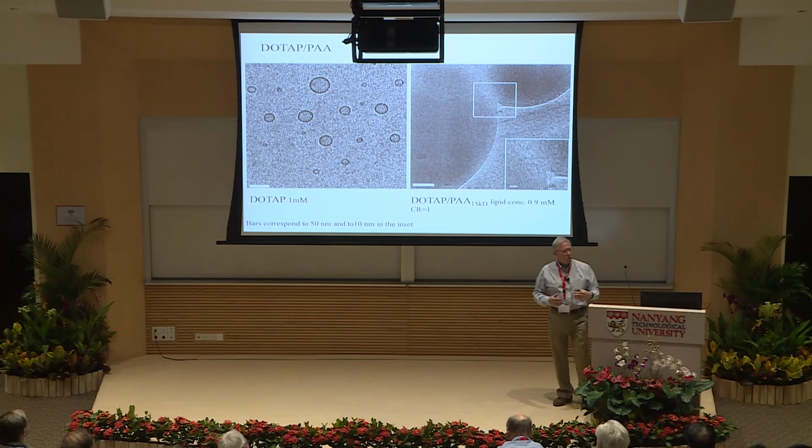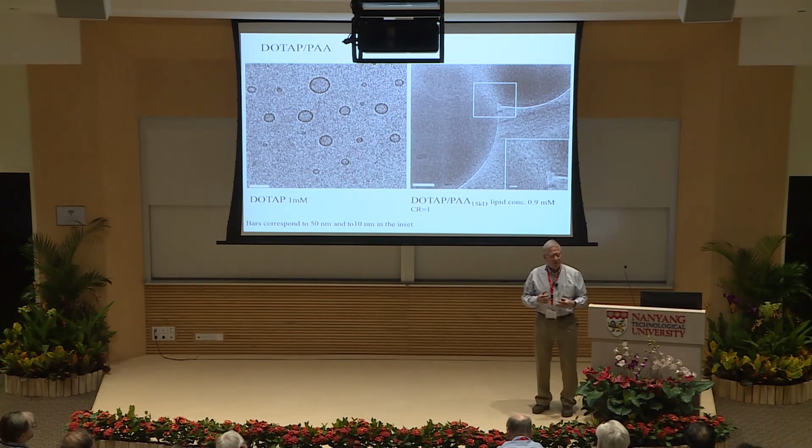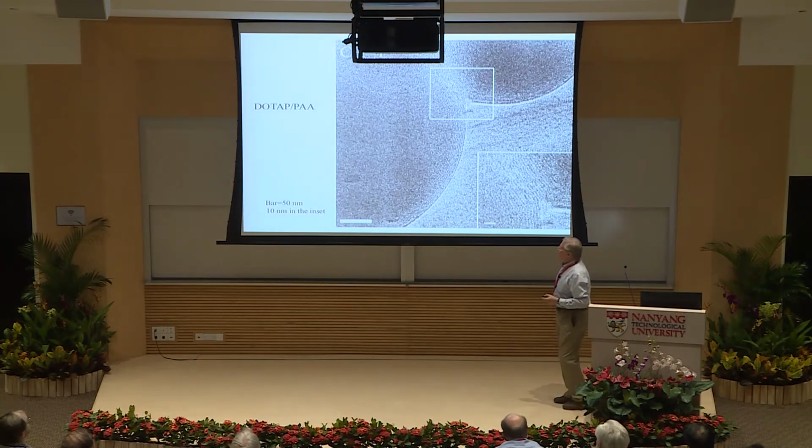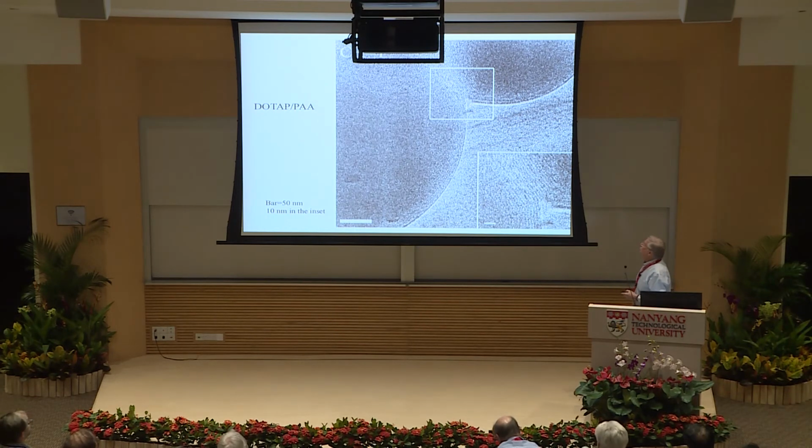Actually, this part is going to be quite uninteresting because almost everything you do gives you the same kind of structure. But this is actually quite interesting because whatever you change, in this case it's DOTAP and PAA, you see we get the same kind of lamellar structure.